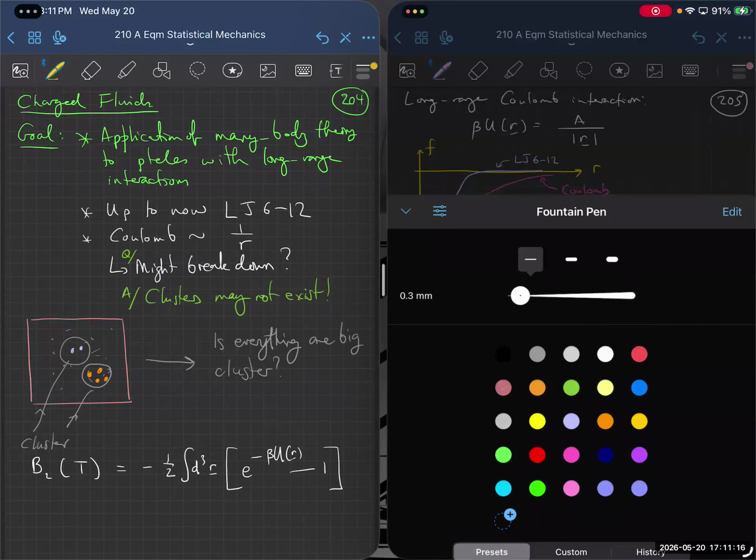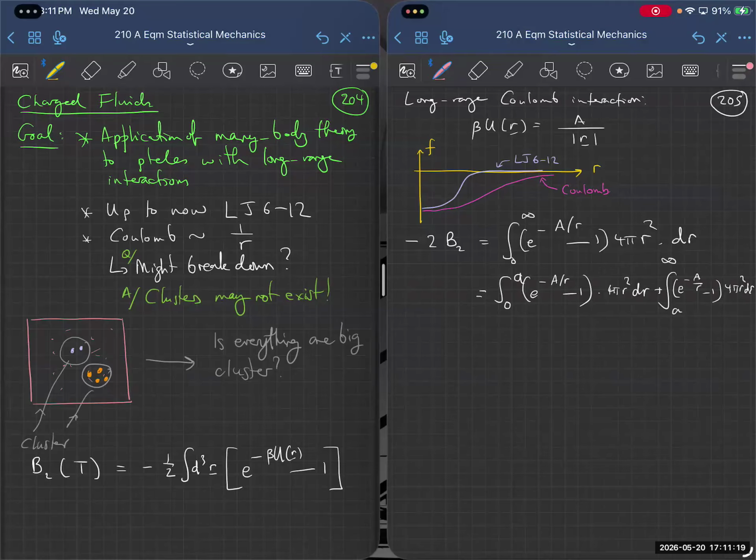And what is a? Well, a can be anything you like. I'm going to choose a to be a number such that when a is less than r is less than infinity, the exponential in the second integral can be easily approximated.